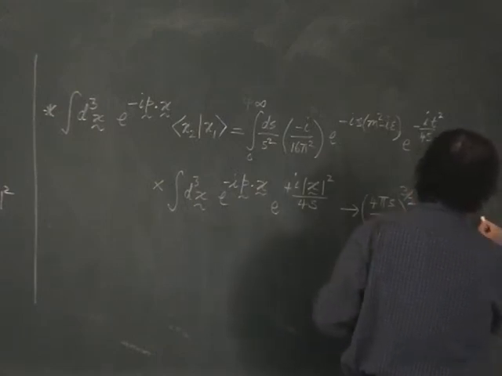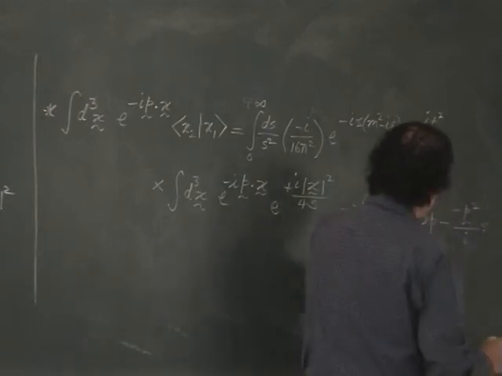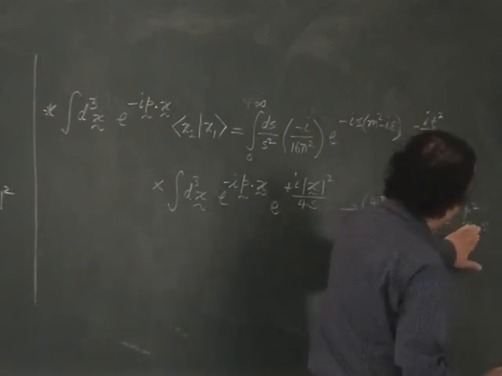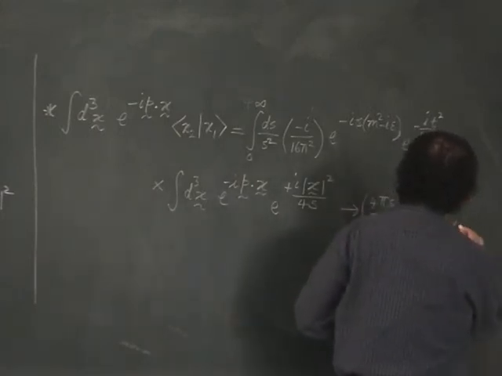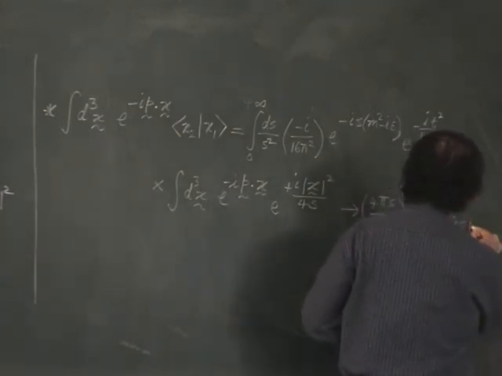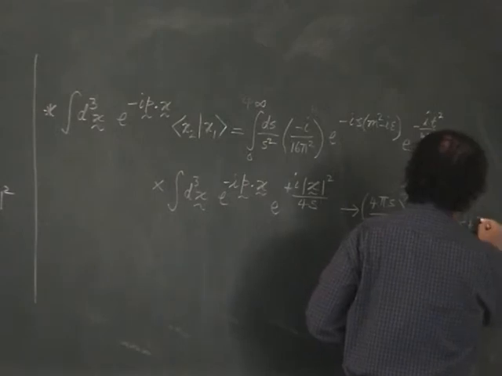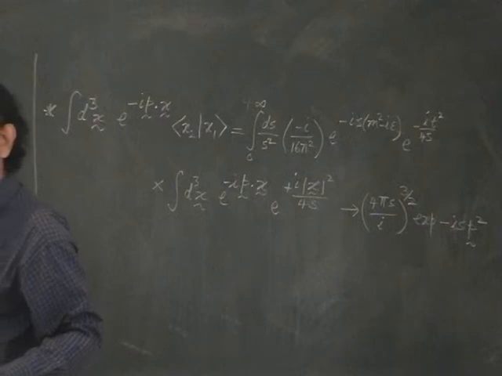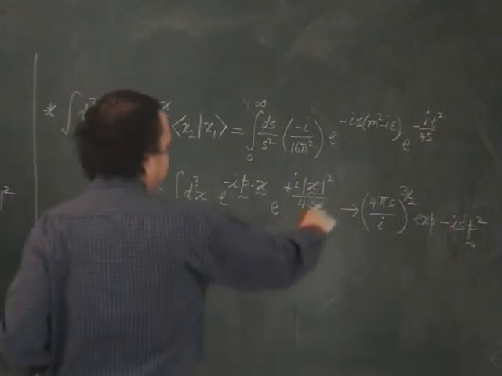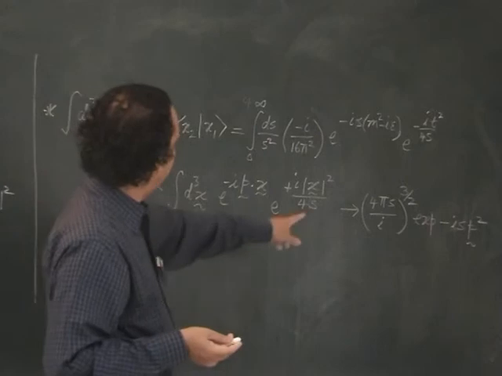So i is the denominator and an s. This will give me a minus i s p square. That should tally with this. Here we got plus, but this p square had a p naught square minus p square, and that's what we have got. So this is what we have.